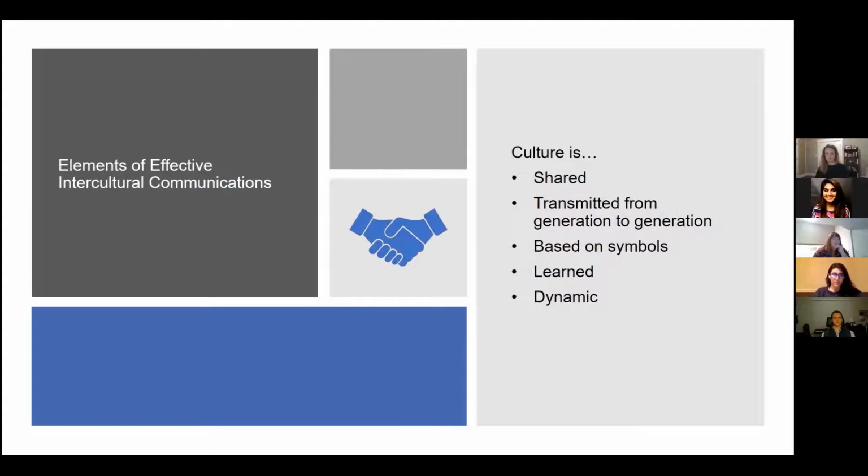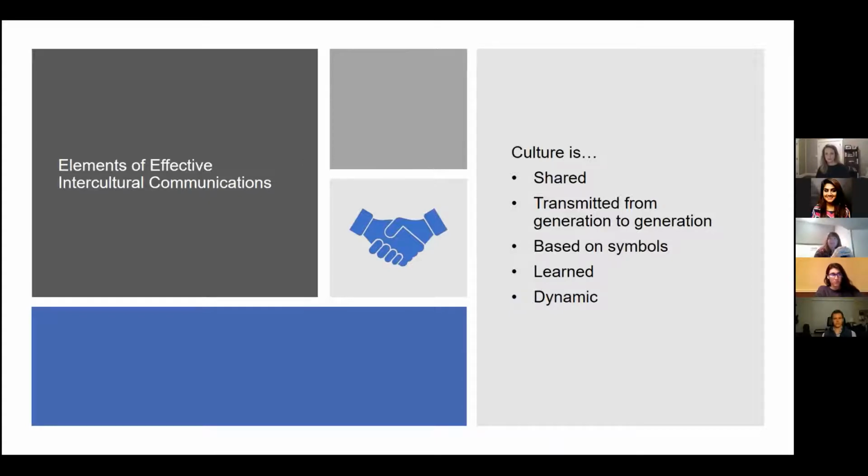And then, as I talked about earlier, the two concepts are merged together, right? So thinking about what are some elements of intercultural communications, I think the key thing to remember is that culture is shared, right? It's also transmitted from generation to generation. It's based on symbols, and it's learned, and it's dynamic, right?